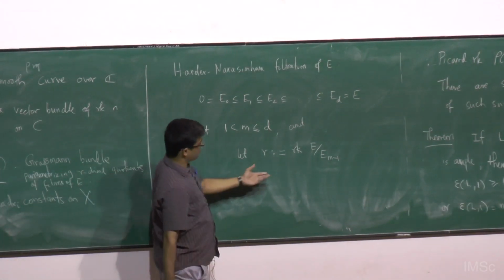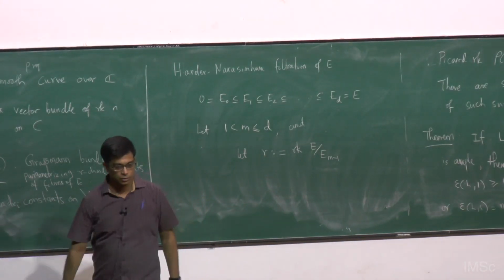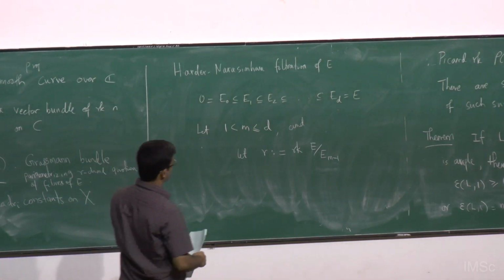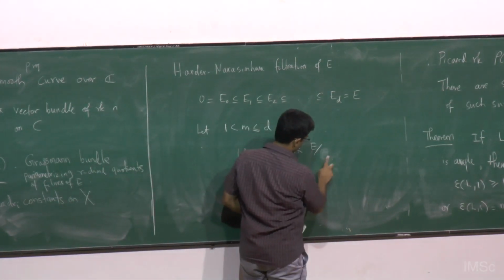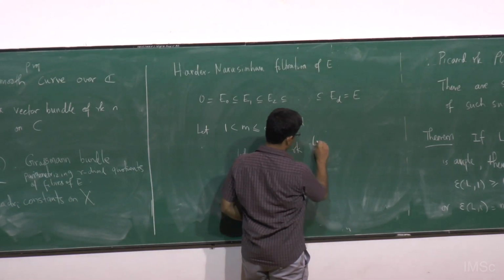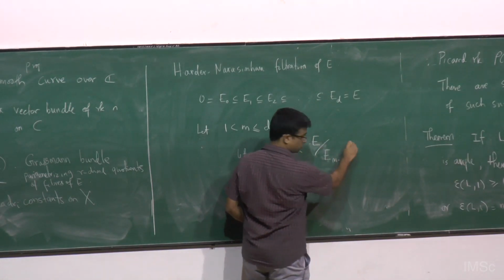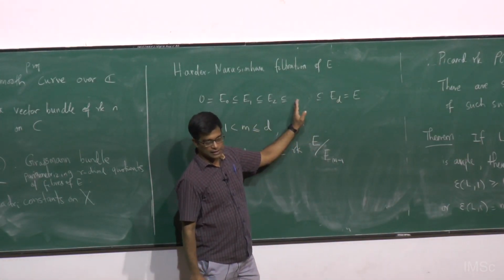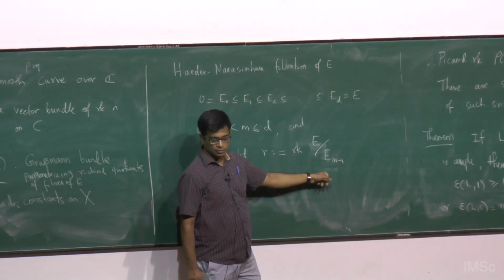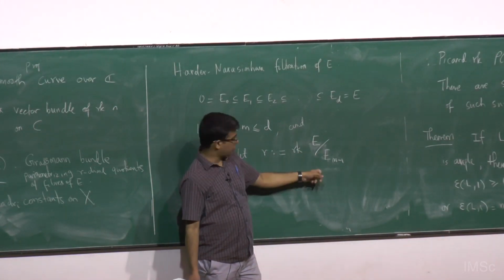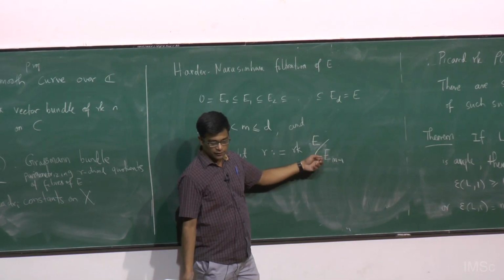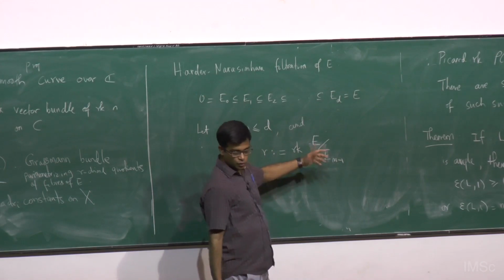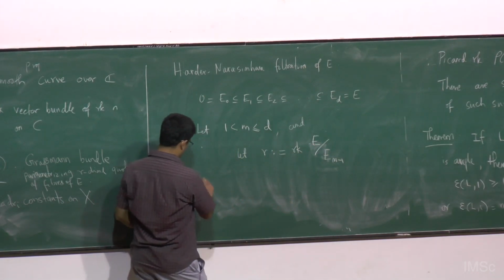So if E is semi-stable, then E modulo something in the middle, now if E is semi-stable, then of course this is just N. I mean, you can take either 0 or E, right? That's the filtration. So you don't get anything. So we certainly want to assume that E is not semi-stable.